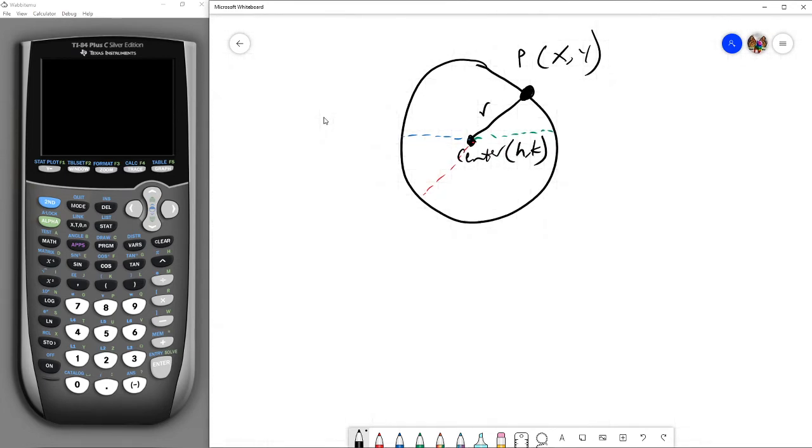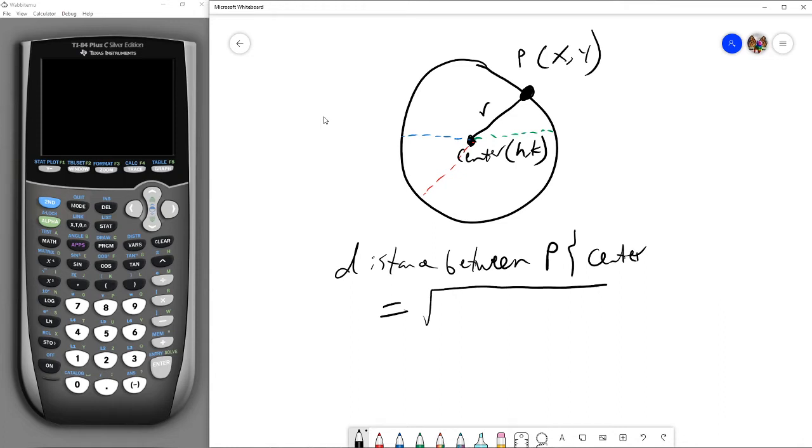So the distance between P and the center has to equal the square root of (x minus h) quantity squared plus (y minus k) quantity squared.